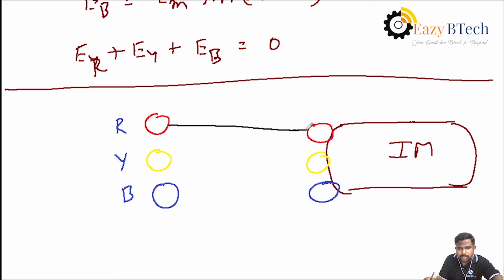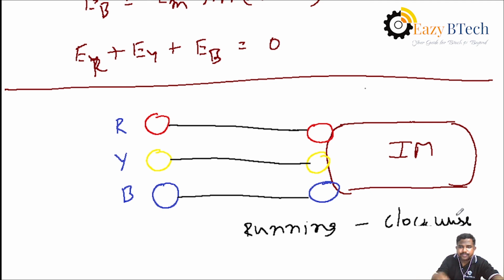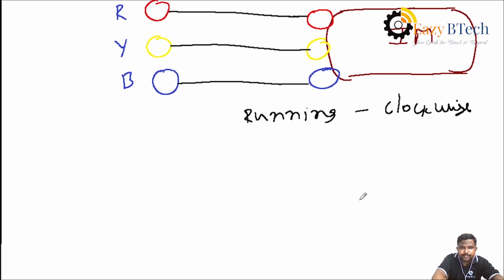All three are joined. Then the motor will be running in clockwise direction.